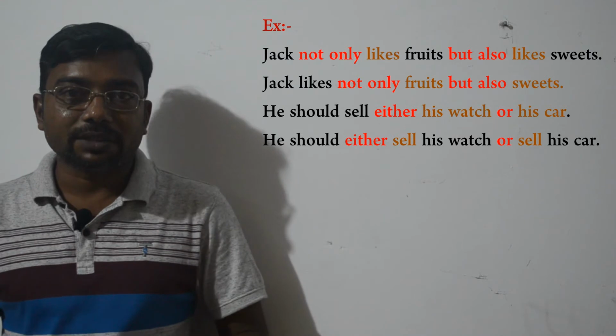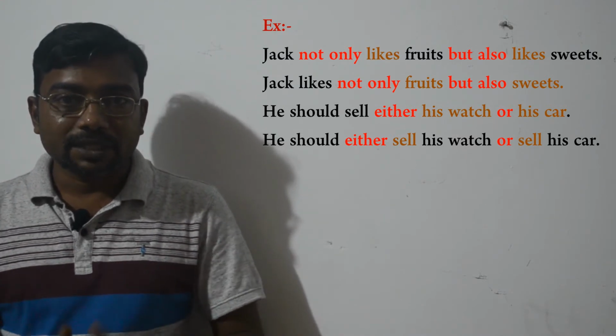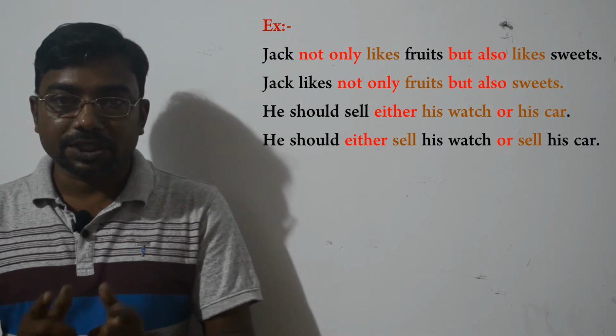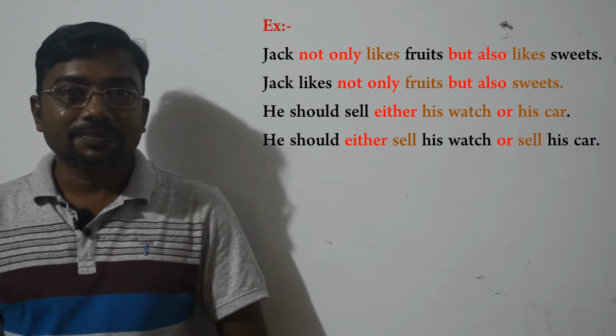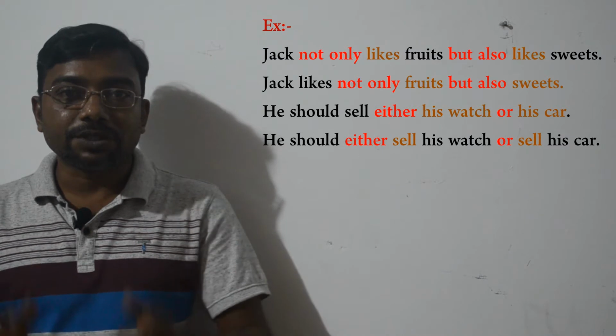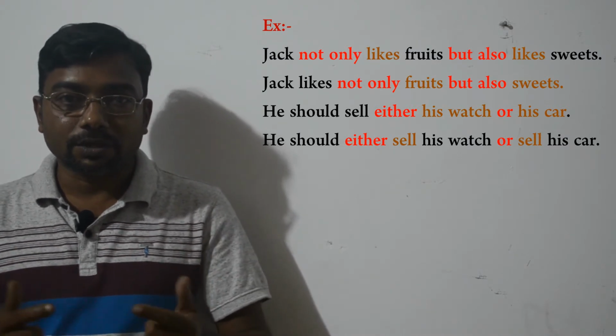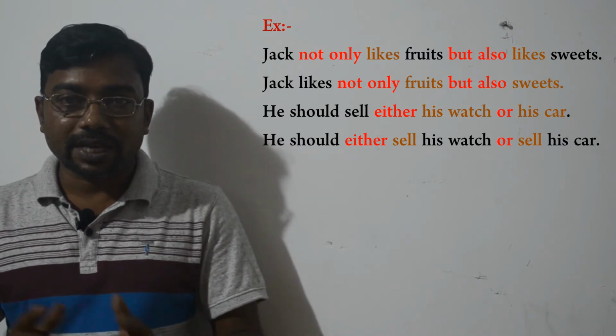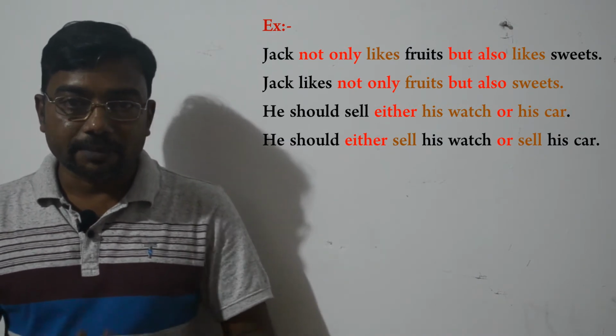Here also we link two elements of the same type, his watch, his car. These are noun phrases. And last example, we use the correlative conjunction either, or to connect two verb phrases, sell his watch or sell his car. They are both followed by the verb sell.